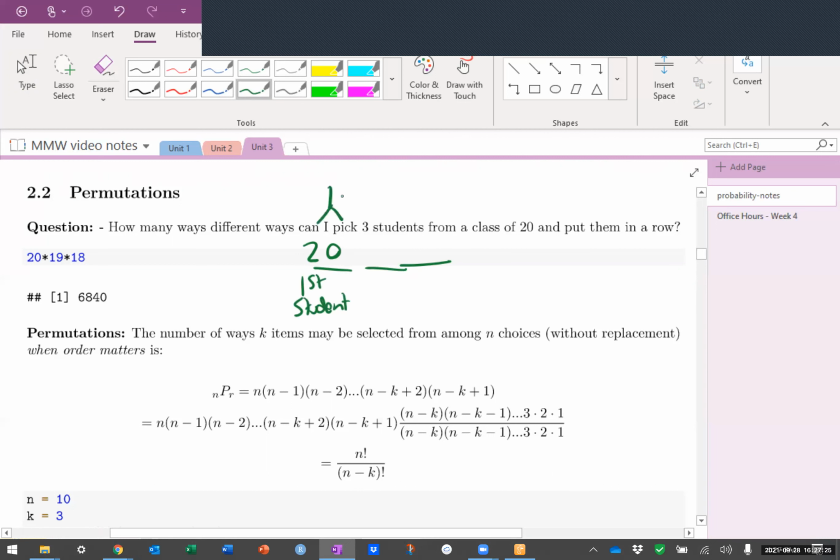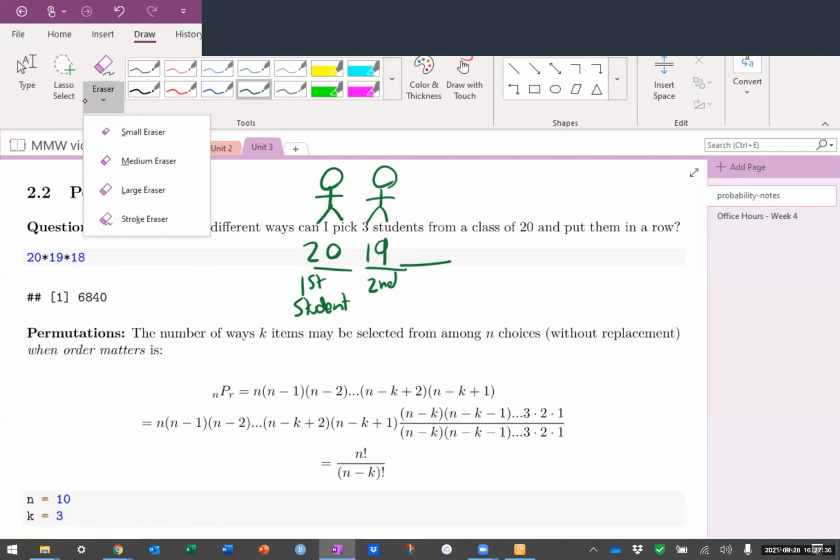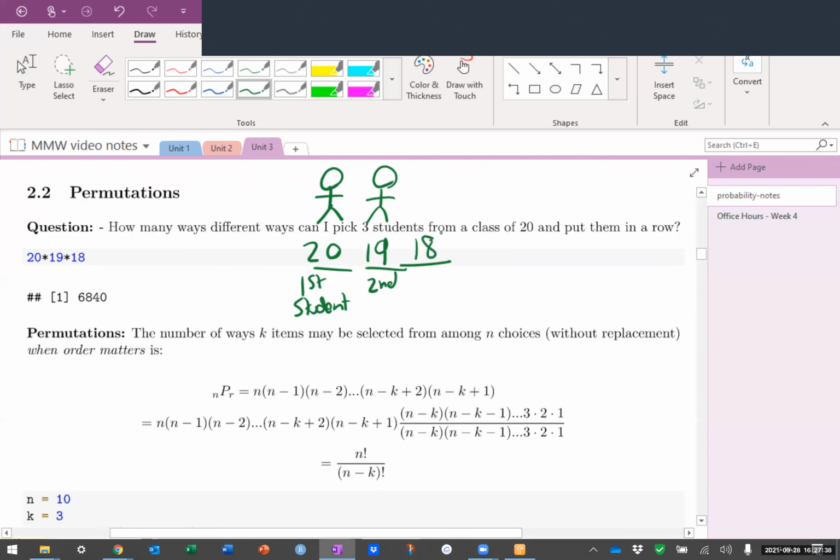But after I've picked that student, there's only 19 students remaining, so there's 19 ways I could pick the second. After I picked that second student, there's only 18 students remaining. So 20 times 19 times 18 is a way to pick a subset.